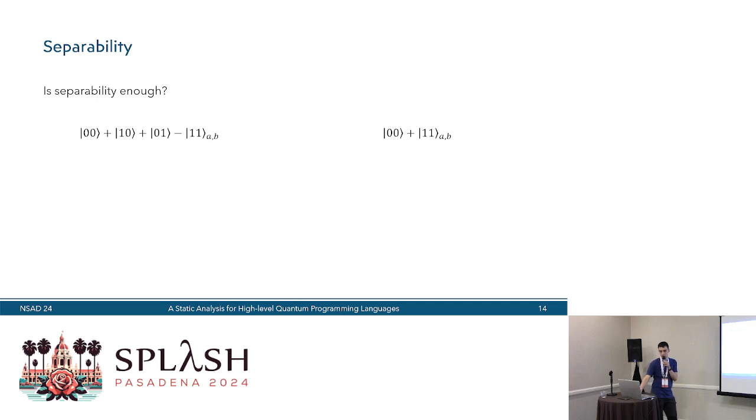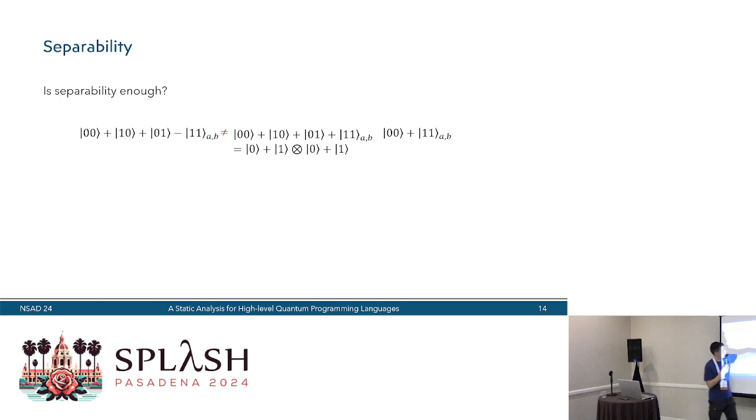Let's see this example. In this case, we have two entangled states with two qubits. We note that this state is not the one that we have seen before, because there is a minus sign, and this minus makes this state entangled, while in the previous case we have a plus, so we can write it in this way.